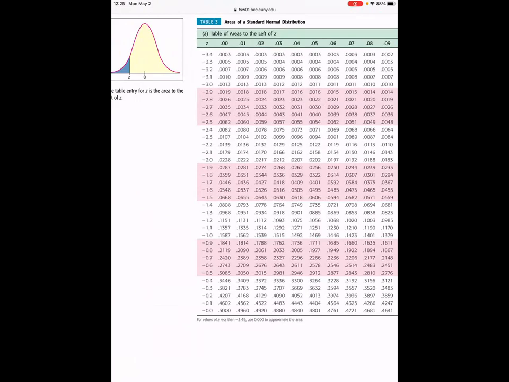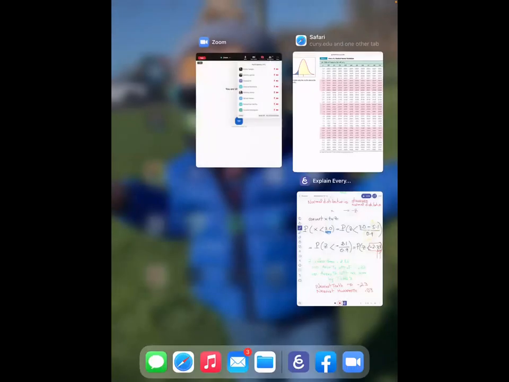So any guess what will be the answer here for negative 2.33? 0.0099. Yes, the 0.0099. Absolutely, thank you.